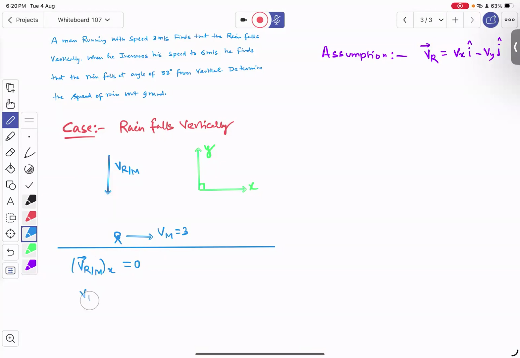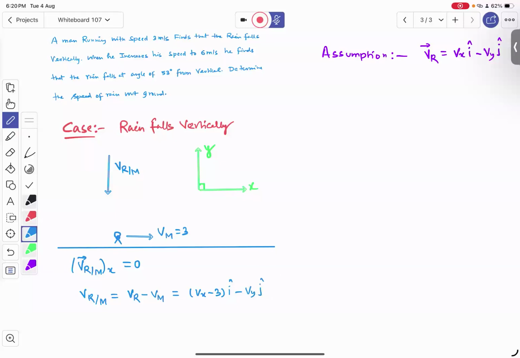VRM will be VR minus VM, which ends up becoming (Vx minus 3) I cap minus Vy j cap.